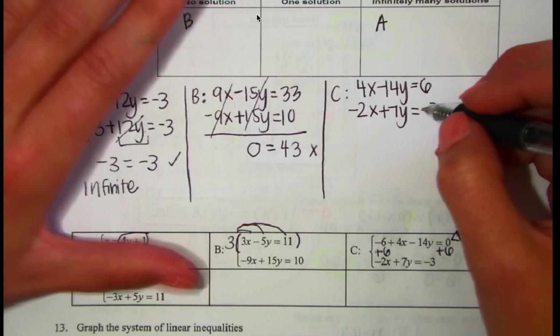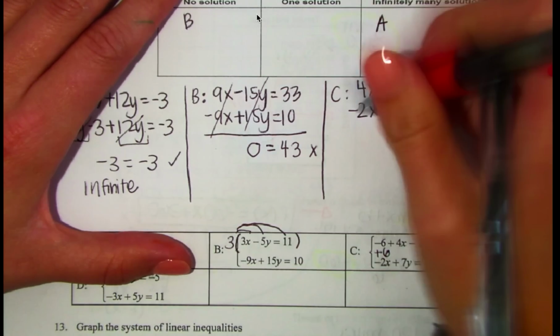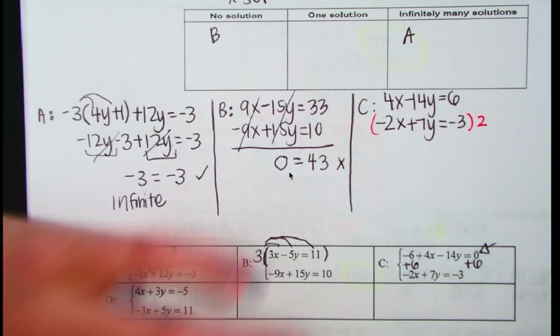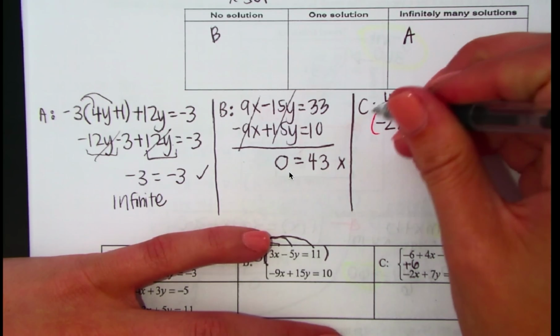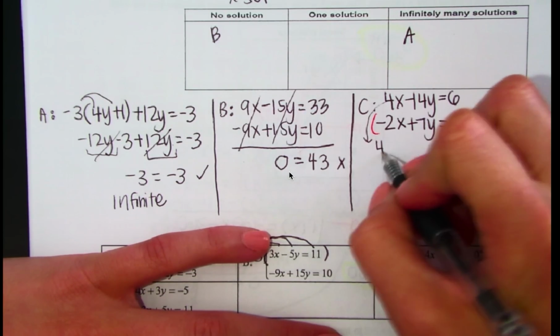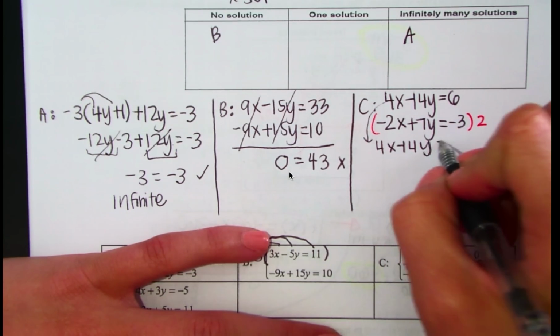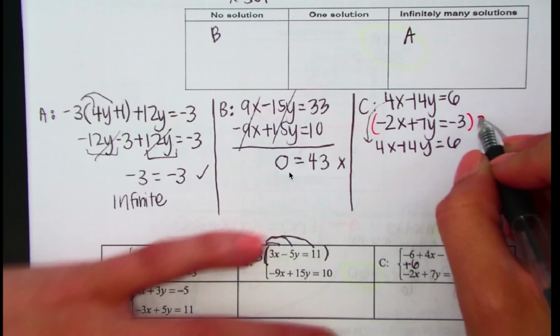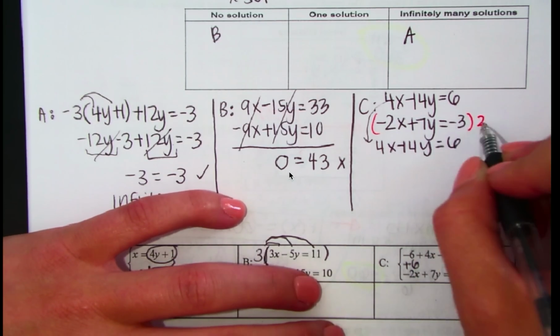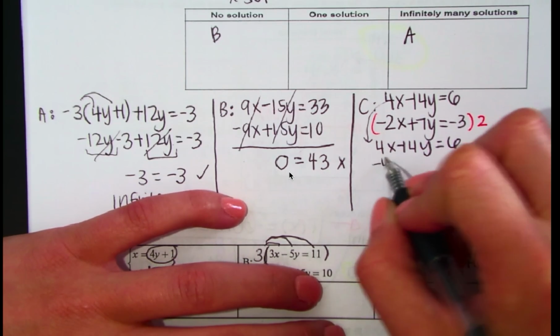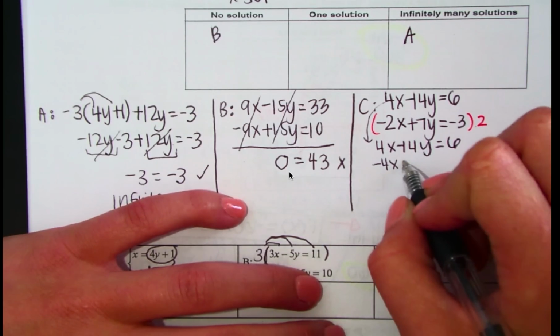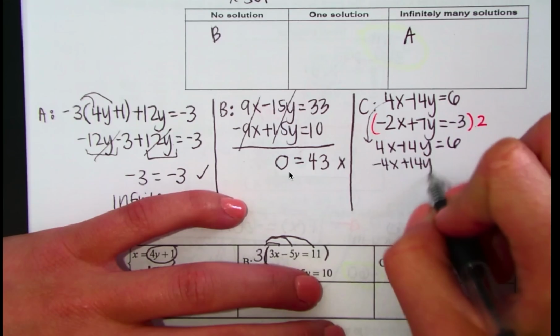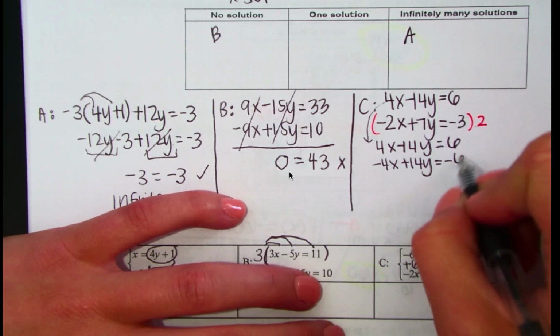So using combination, I'm going to multiply this second equation by 2. I'm going to rewrite this top equation that doesn't change, and it becomes 4x minus 14y equals 6. And the second equation, after multiplying by 2 to all of the terms, 2 and negative 2x is negative 4x, 2 times 7y is positive 14y, and 2 times negative 3 is negative 6.